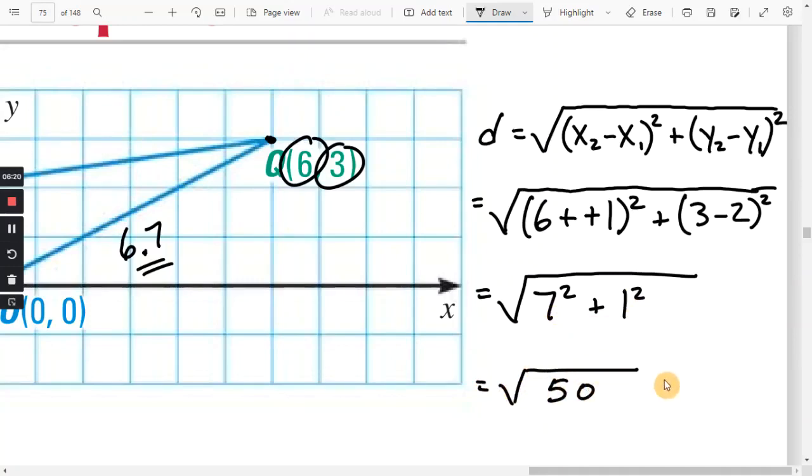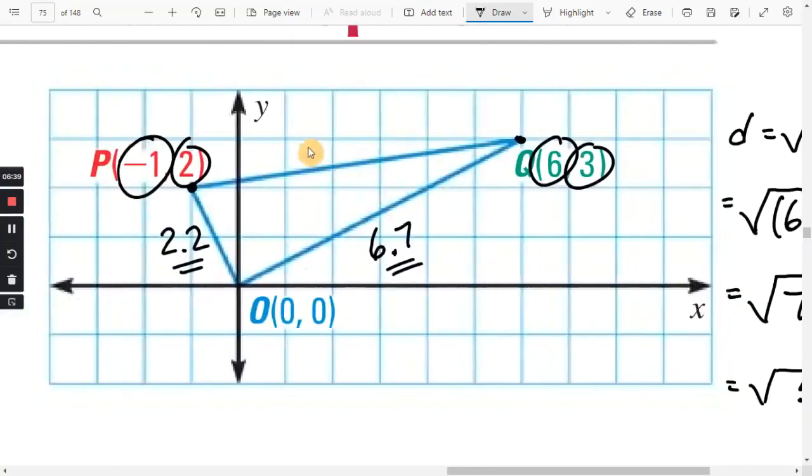And I'm going to do this on the calculator and round to 1 decimal place. All right, on the calculator, radical 50 is approximately 7.1. All right, so that is the final side length. All right, that's going to be a 7.1 right here.